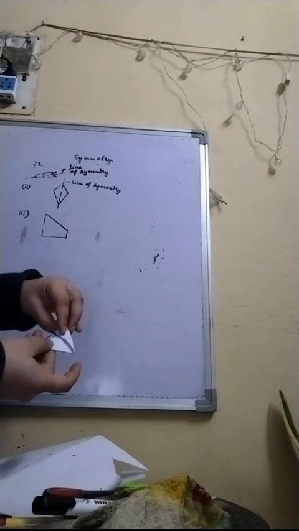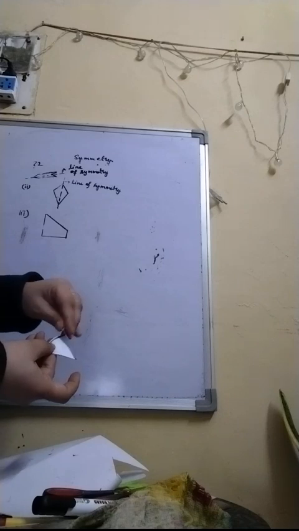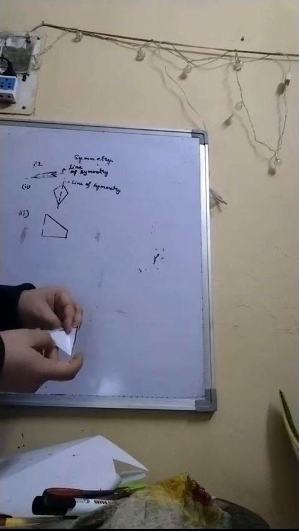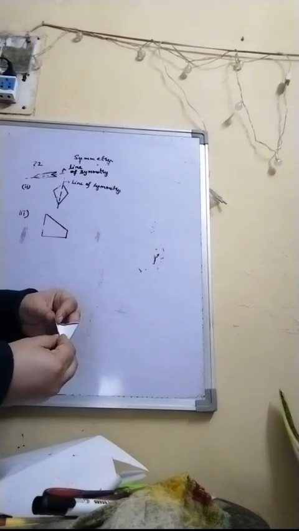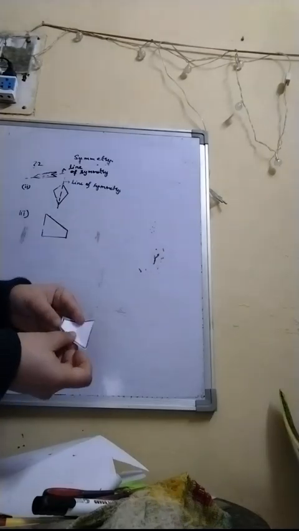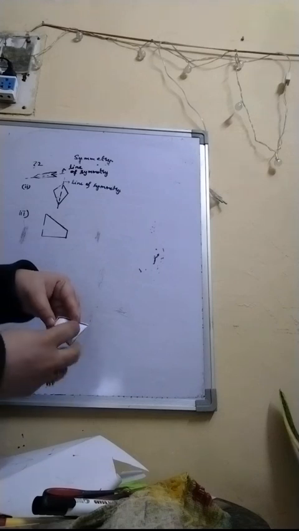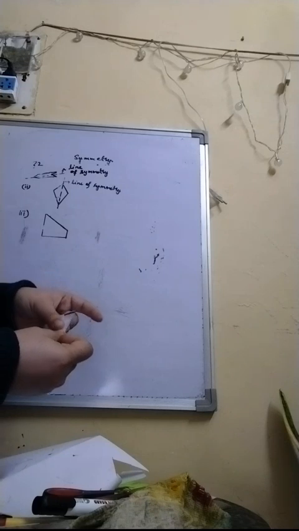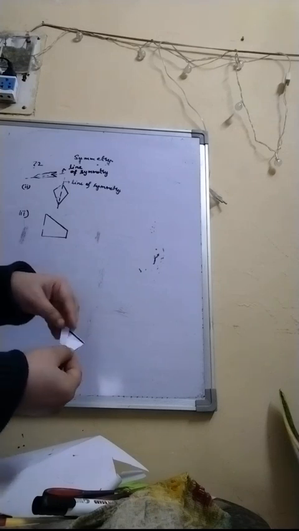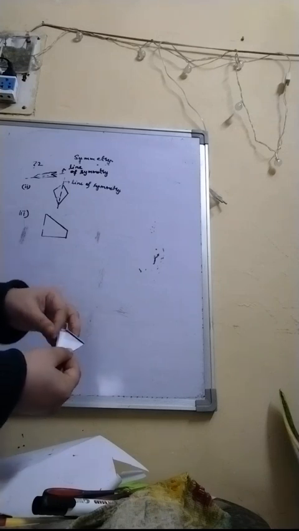Again, the figure is not overlapping one over the other. Then you can take the other corners also, like I am folding it along this line now. So when I fold it along these corners, again it is not folding.